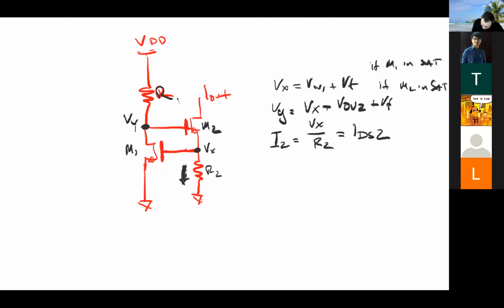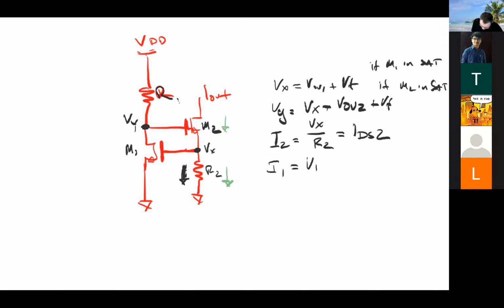So I2 is equal to Vx divided by R2, which is also going to be equal to IDS2. That's simply to say that any current that flows through here also flows through here, and no current flows into the gate of M1. How much current flows through I1?